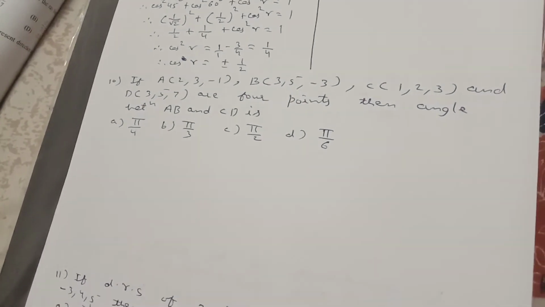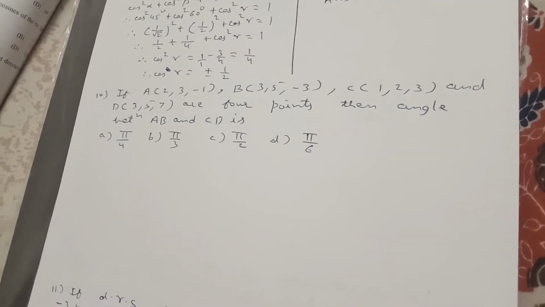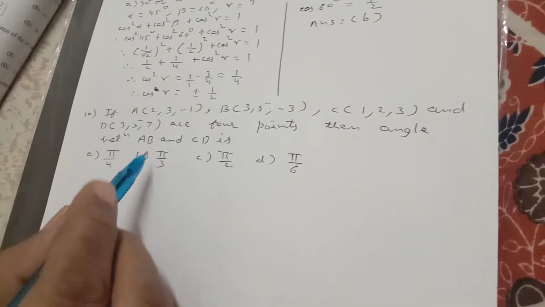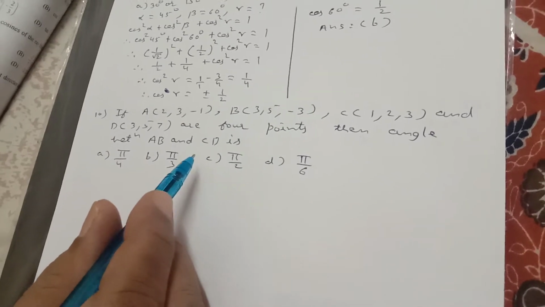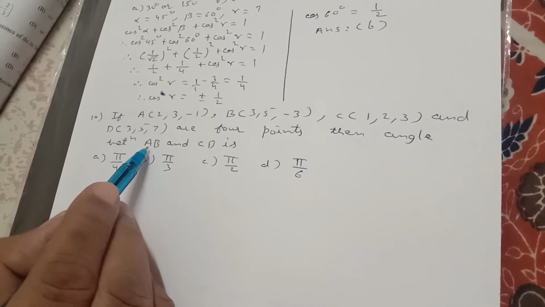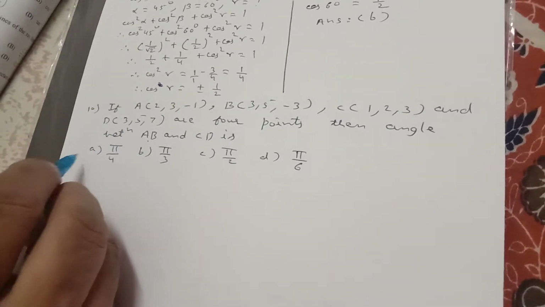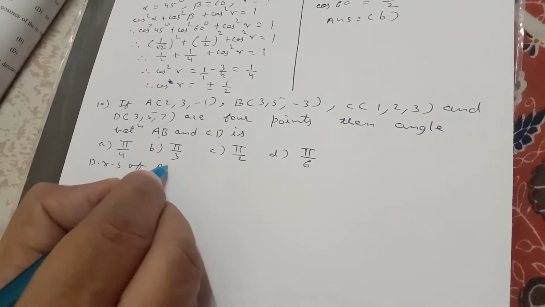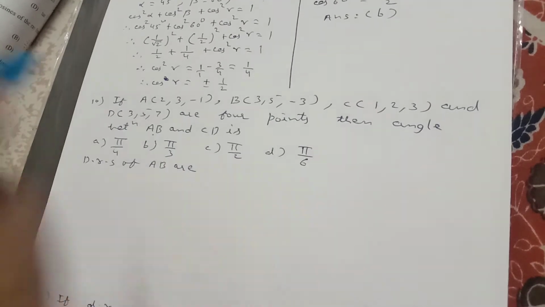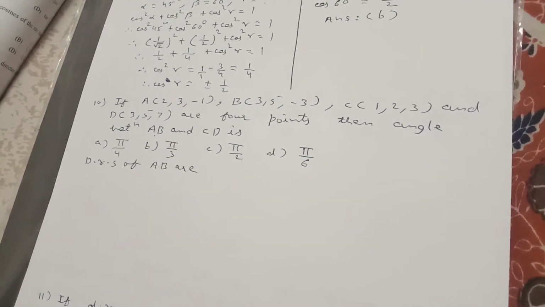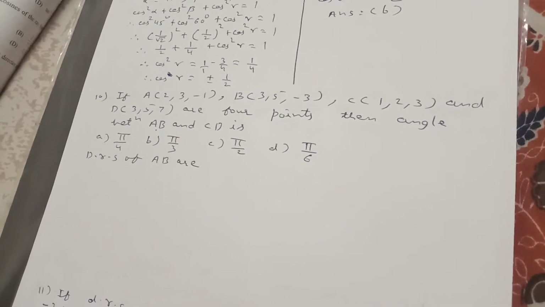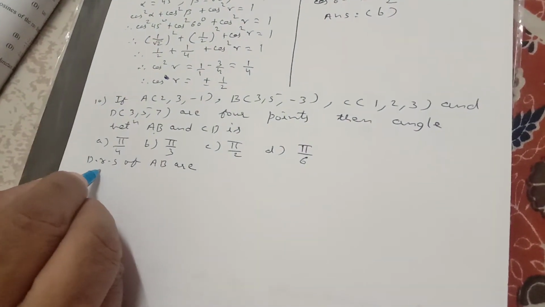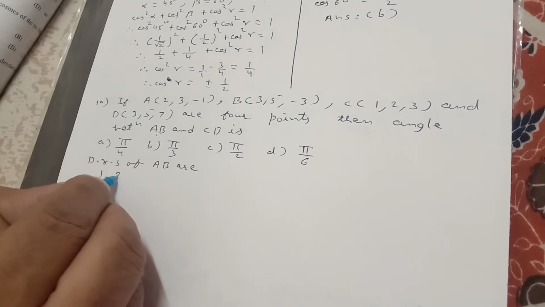So we can use two methods here, either the vector method or direction ratios. It is more convenient to use the direction ratios method. So we have to find direction ratios for AB as well as CD. Difference between corresponding coordinates gives direction ratios. 3 minus 2, 1. 5 minus 3, 2.